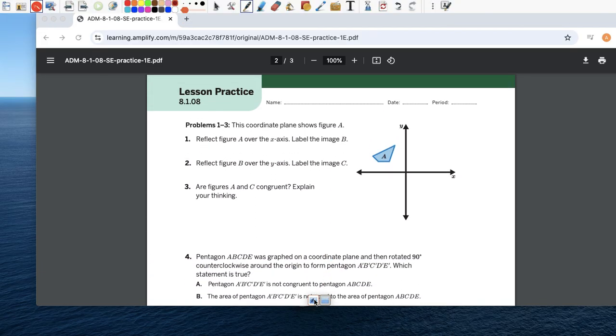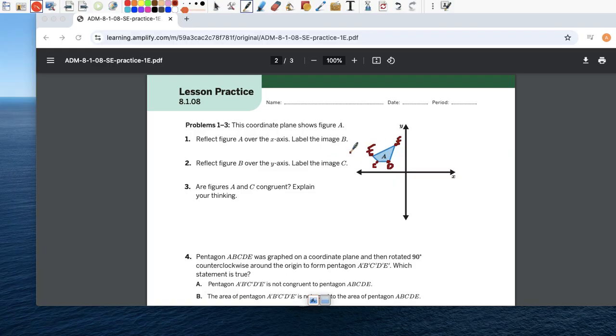Reflect figure A over the x-axis, then label the image. It's easier if you label the points, so let me call this point C, point D, point E, point F. I don't know why I do this.